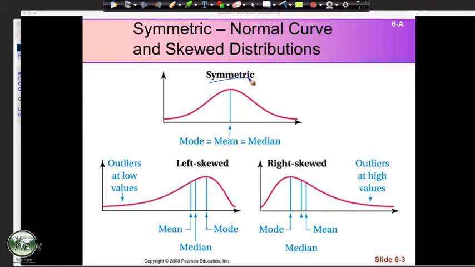So our curves are going to be symmetric. 50% will be below the mean, and the mean, median, and mode are all the same value. That's what happens when we have a normal curve. If this doesn't happen, then it's not normal, and we use other techniques. Half above, half below. It's symmetric. This is when we're talking normal curve.